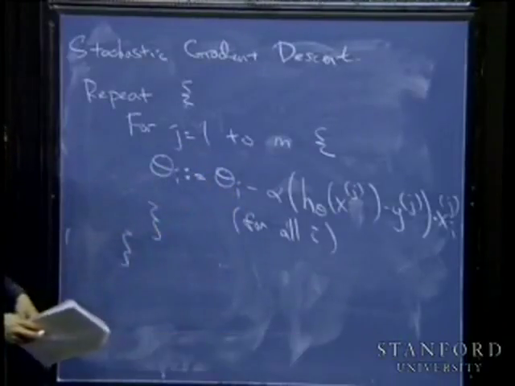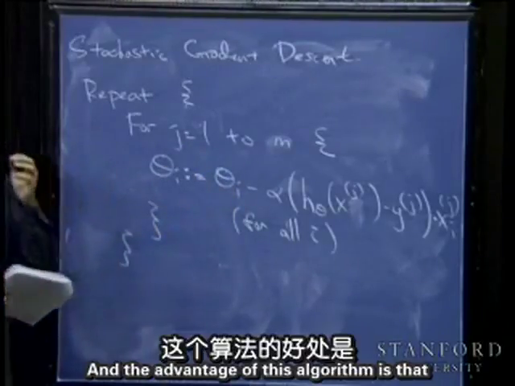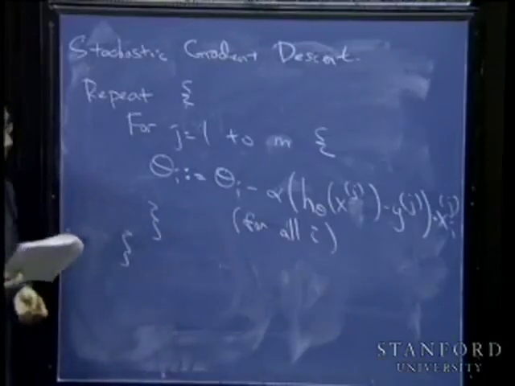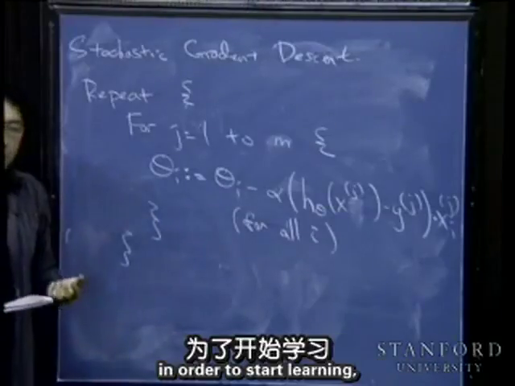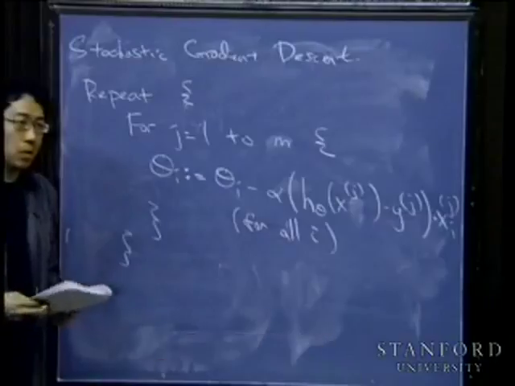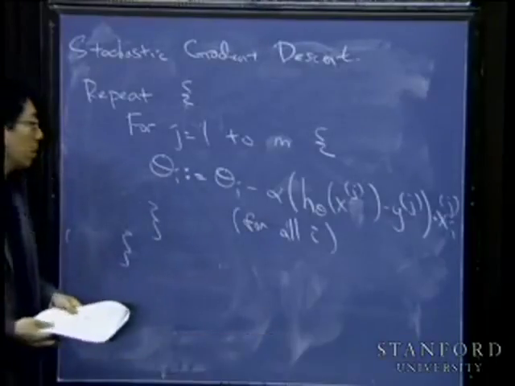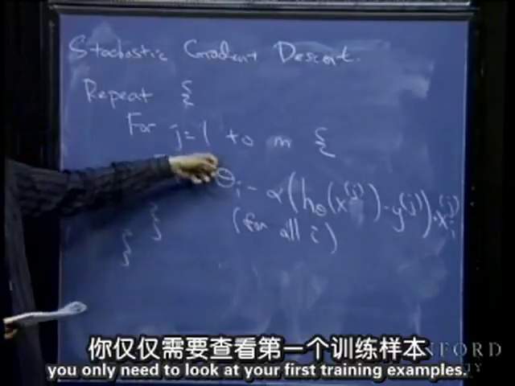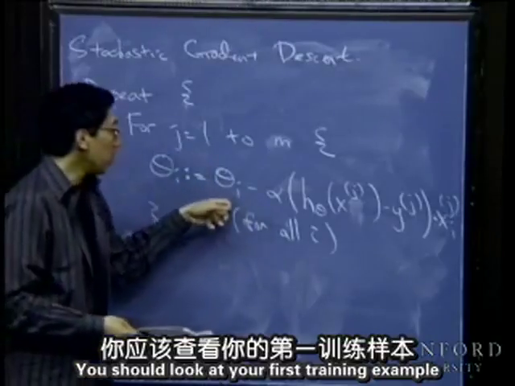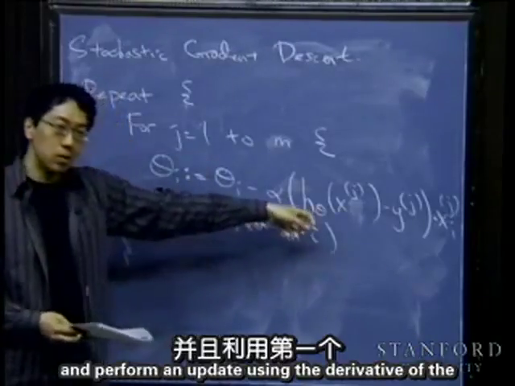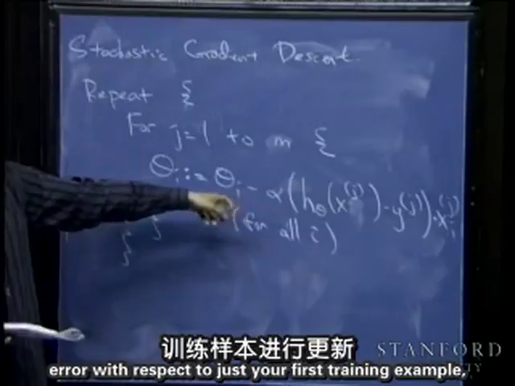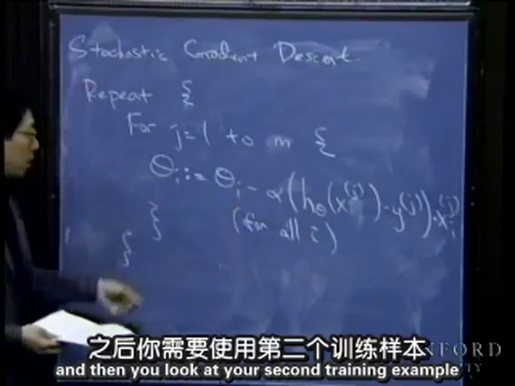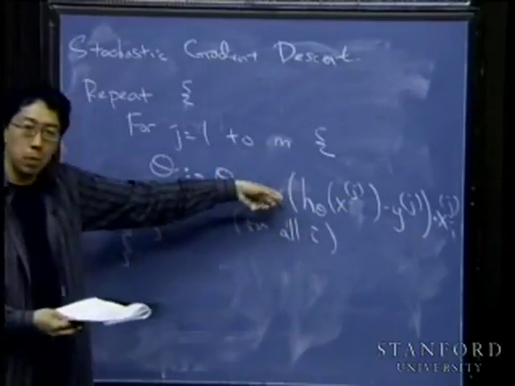The advantage of this algorithm is that in order to start learning, in order to start modifying the parameters, you only need to look at your first training example. You look at your first training example and perform an update using the derivative of the error with respect to just that example, and then you look at your second training example and perform another update.